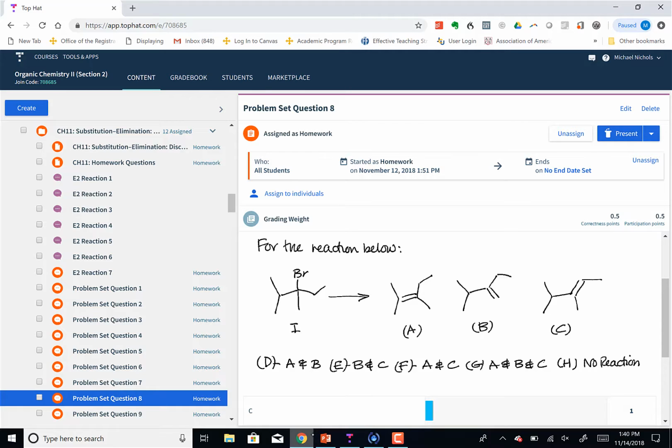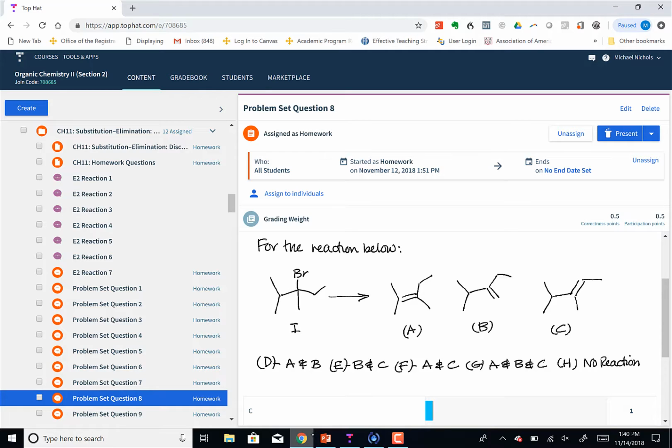And why I'm saying most of the time is, when wouldn't E1 and NH2 minus give the same product? If there was a rearrangement that made it more stable. NH2 minus isn't going to rearrange. The E1 would rearrange, but the NH2 minus wouldn't.